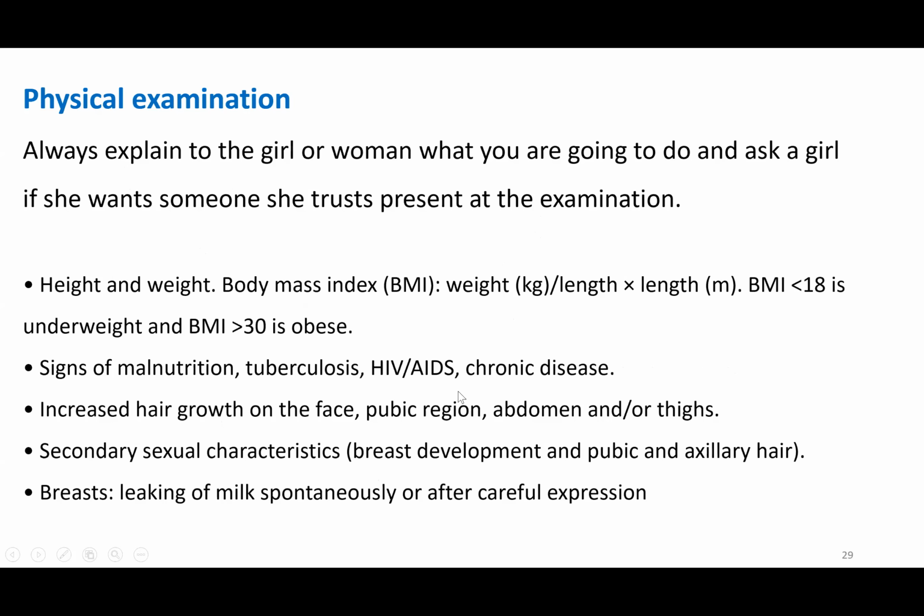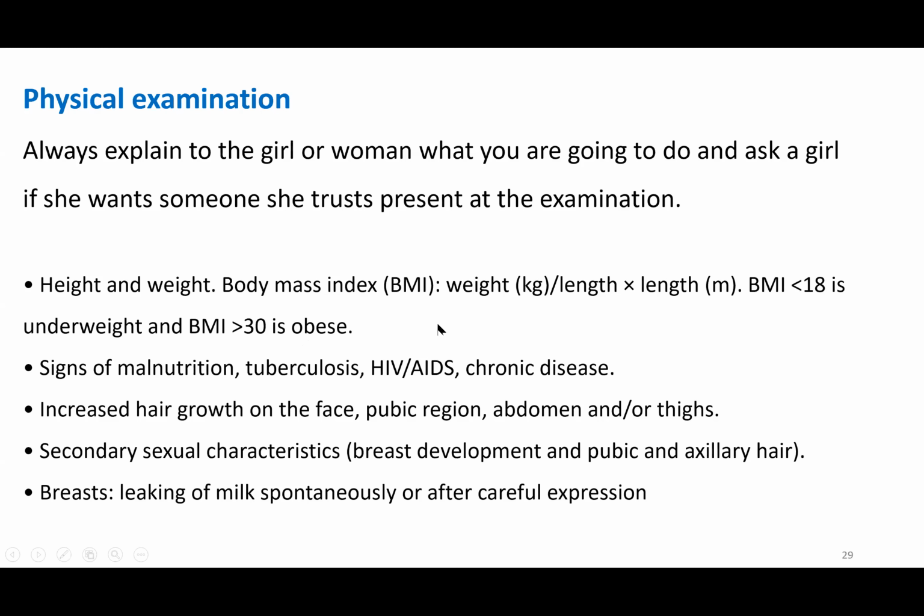Now we finished history taking from the patient, and the next step is to examine this girl or this lady, and we will tell her what we are going to do in the exam with the presence of a chaperone, which, as I previously mentioned, is most likely the mom. We ascertain the BMI of the patient. We look at the height and look at the weight.